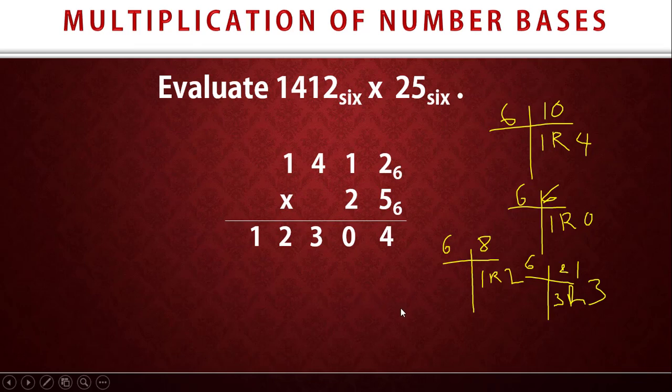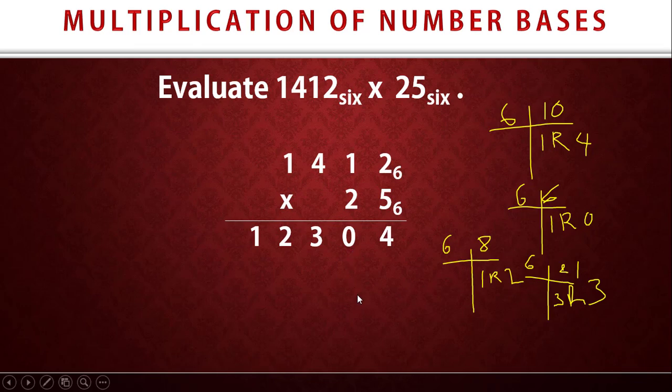Okay, in order for us to multiply through now, this is what I want you to note here. We are not going to put the result directly under 4. This 4 is the last digit, so we start putting the result from the second digit to the last digit, and the second digit to the last in this result, 12304, is this 0.